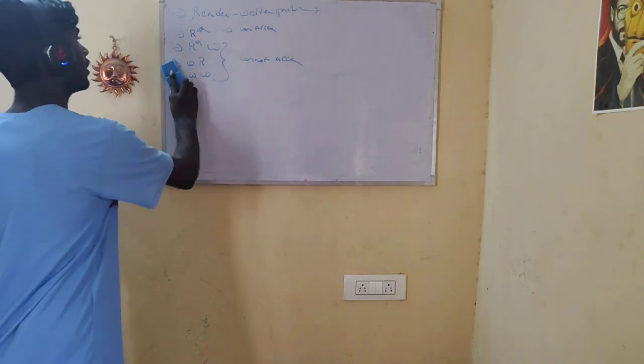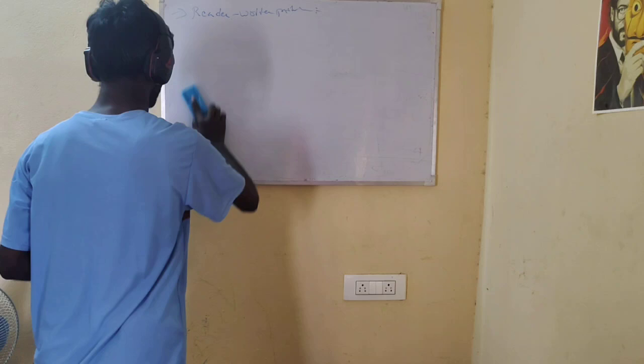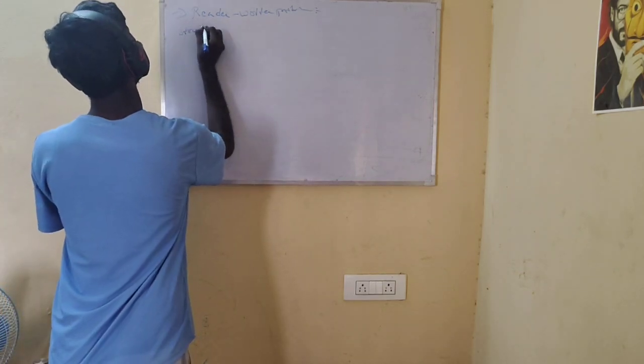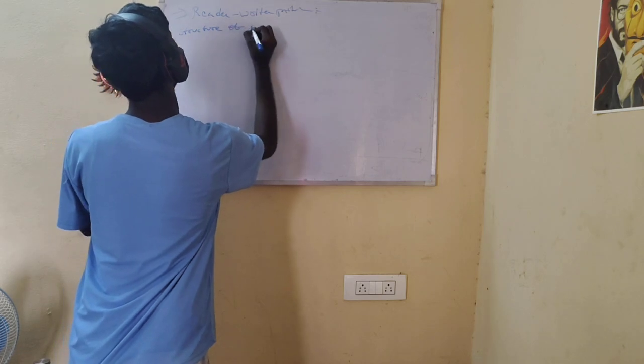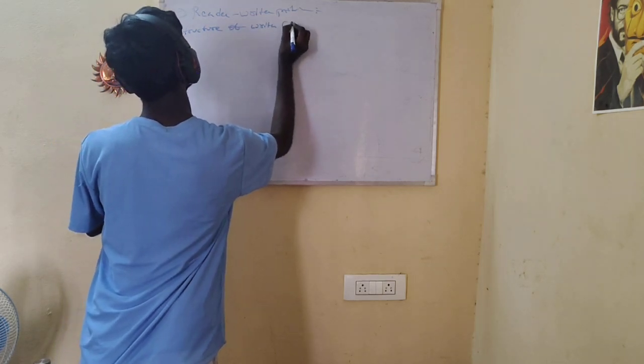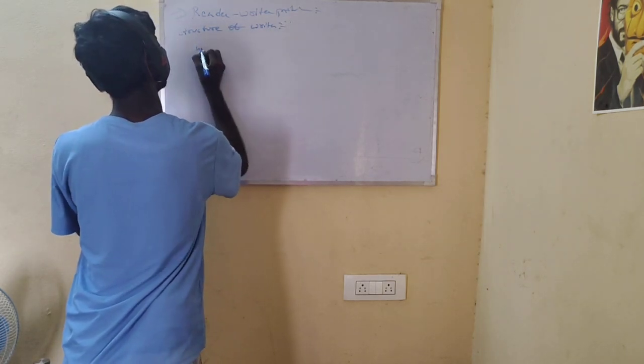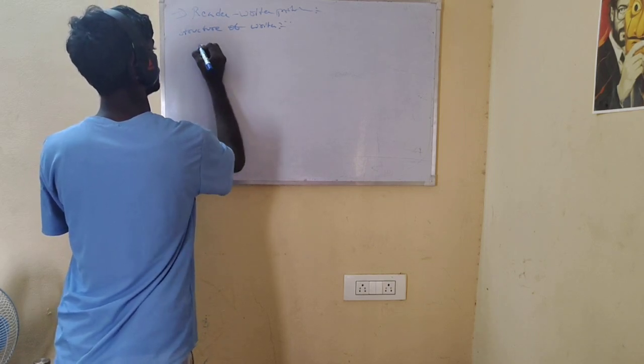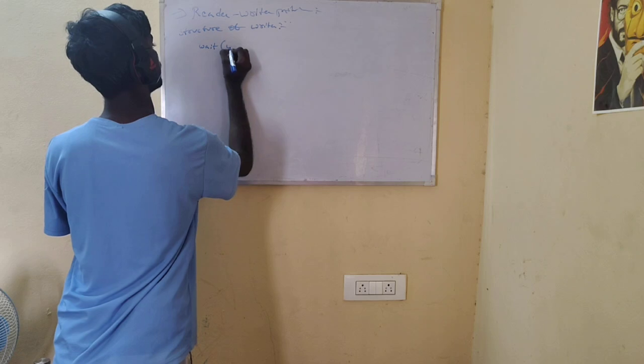So now the algorithm for this. We have both the reader structure and the writer structure. Structure of writer: wait of wrt.